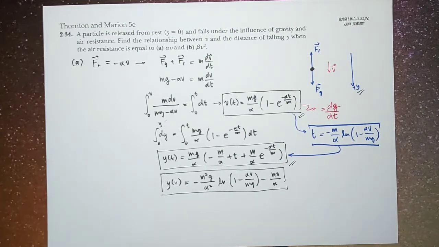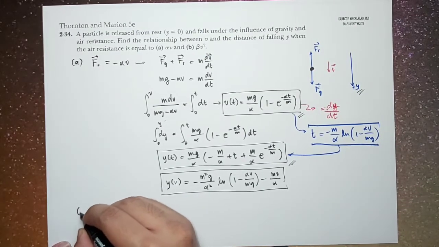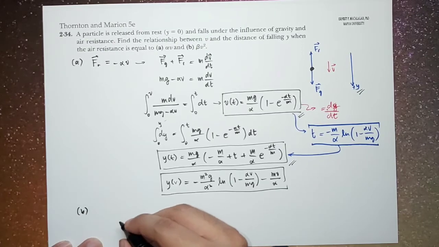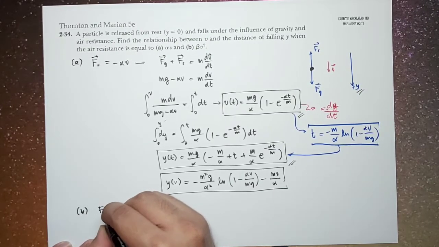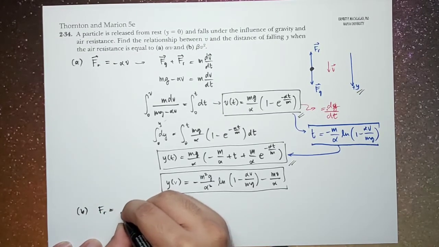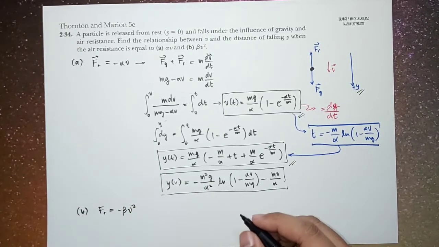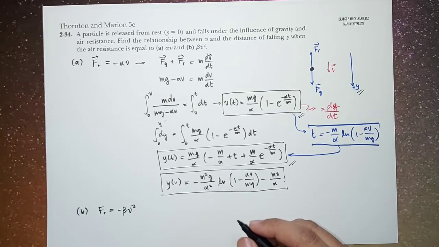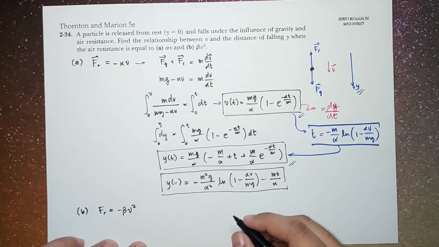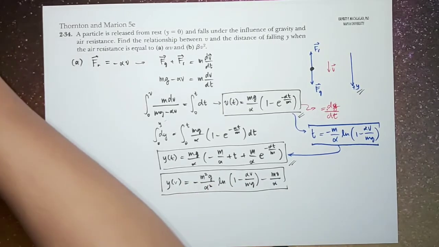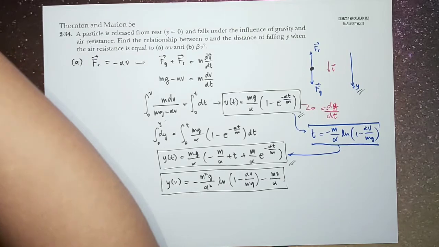Letter B will just be left as an exercise, where Fr will now be equal to negative beta v squared. You can refer to the notes for the detailed derivation, but we can write the most important equations here.